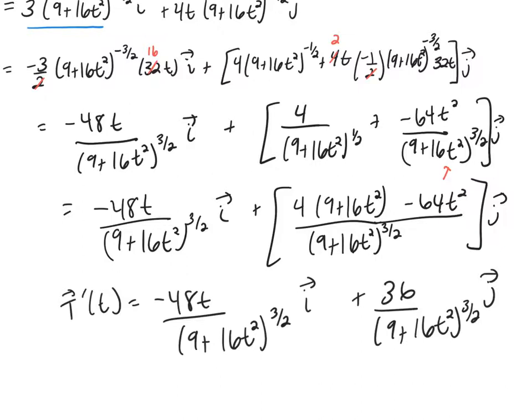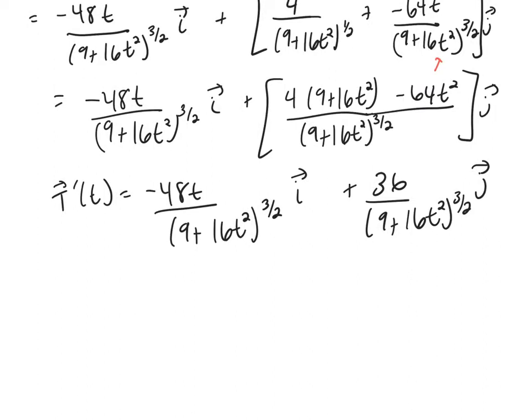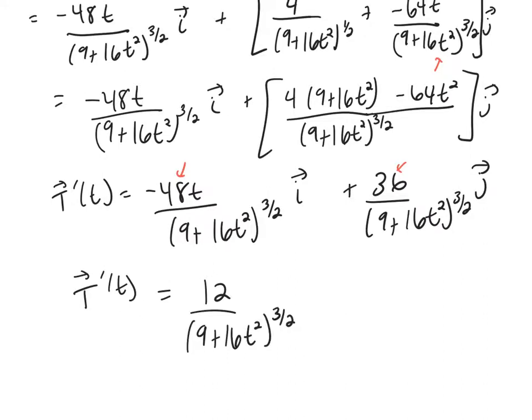What we can do is factor out some of the stuff that they have in common. I have multiples of 12 up here, so I can factor out a 12. The denominator's the same. I can factor out (9 plus 16t squared) to the 3/2 power, and I'm left with negative 4t i plus 3j.